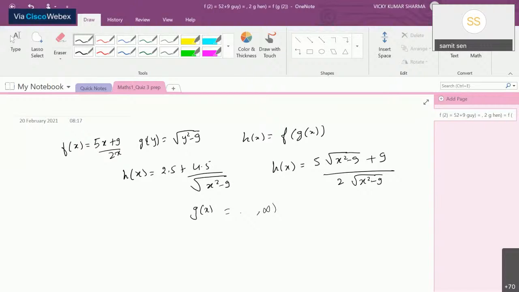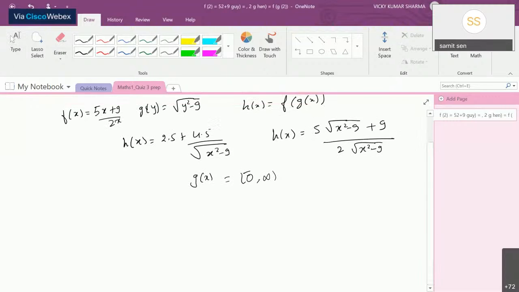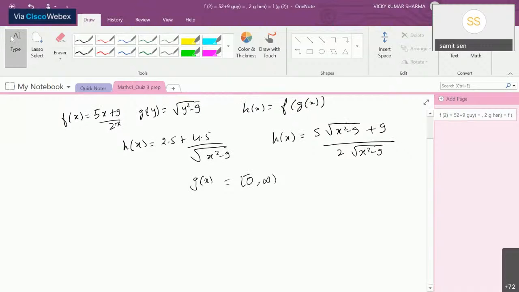Since this is defined, it is giving only positive values, but what about the negative parts? No, I am not taking the negative, because g of x can only generate the positive part, 0 to infinity. It can't be negative.